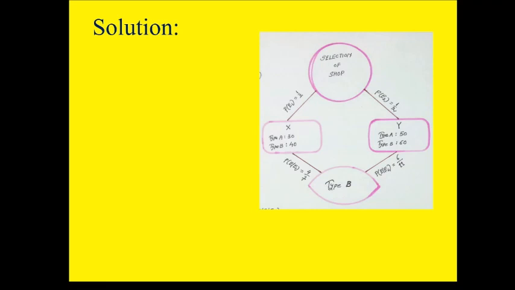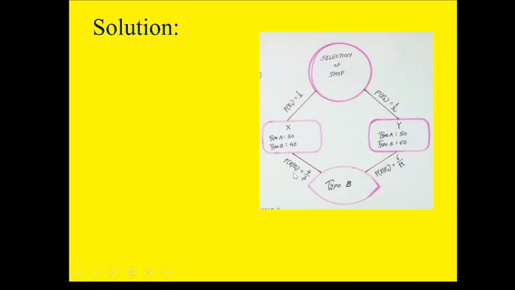Usually I always take the help of this diagram method, because this diagram method is helpful to comprehend the question better and at the same time to apply Bayes' theorem as well. So here our first step is selection of the shop. Two options are available to us, shop X and shop Y. So probability of E1 is selection of shop X, E2 selection of shop Y. Both probabilities are half and half.